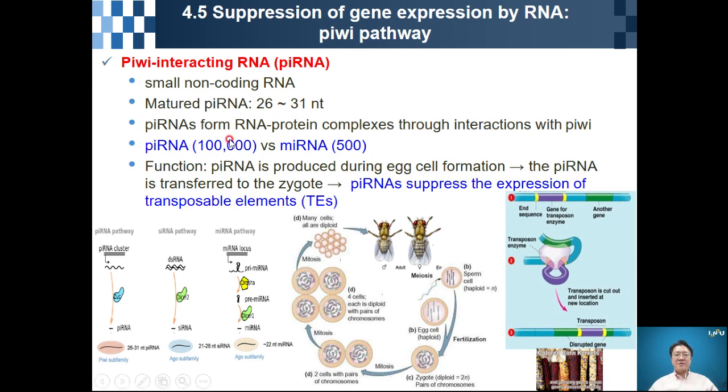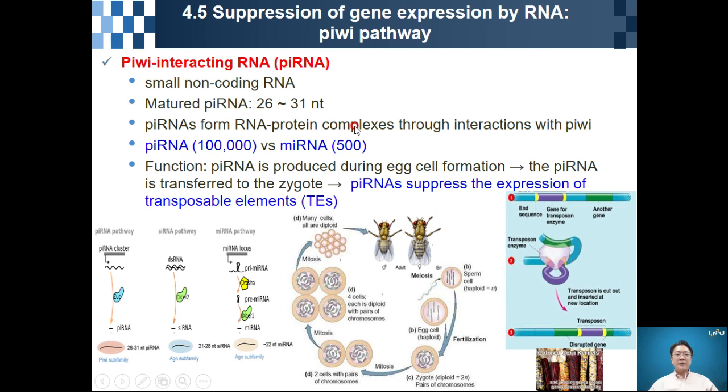piRNA is a small non-coding RNA. There are three types of small non-coding RNA: piRNA, siRNA, and microRNA. The mature piRNA size is about 26 to 31 nucleotides. Usually piRNA forms RNA protein complexes through interaction with PIWI. So PIWI interacts with the piRNA and they make RNA protein complexes.